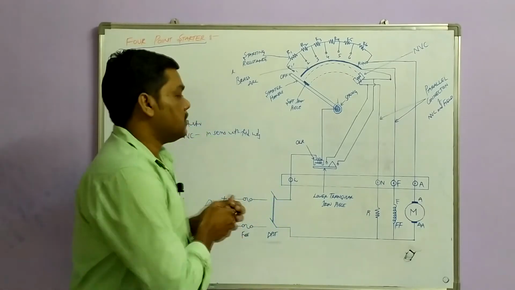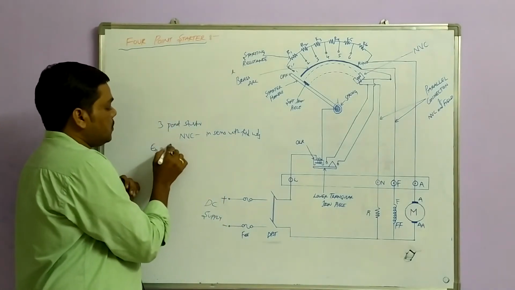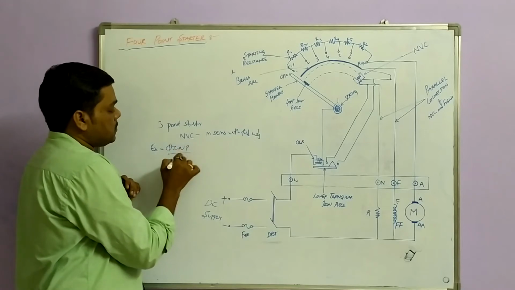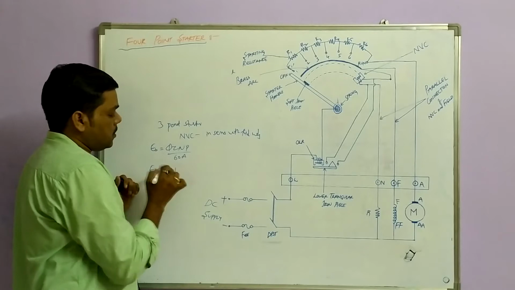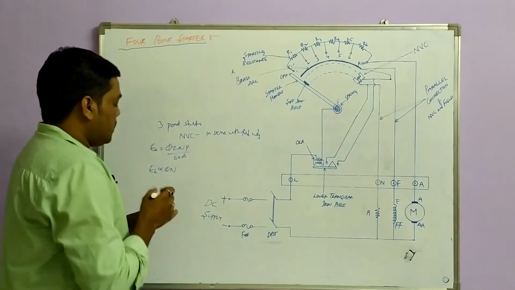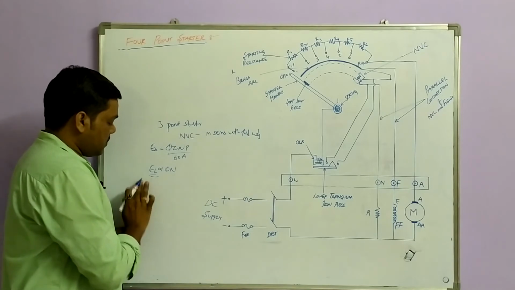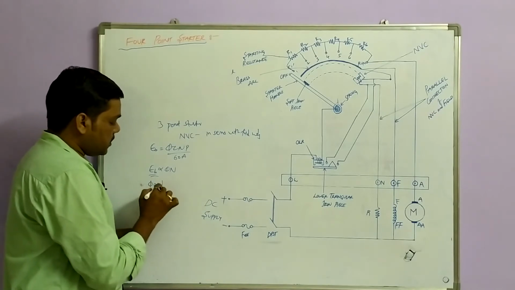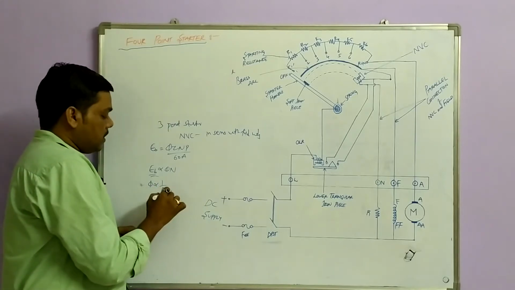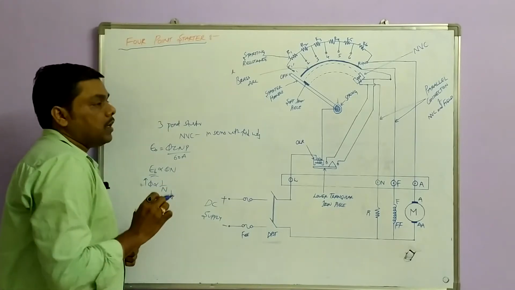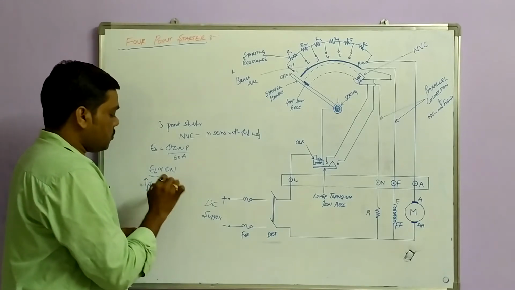We know the formula EB is equal to phi Z N P by 60A. So EB is proportional to phi into N. So if EB is constant, phi is inversely proportional to N. If N decreases, flux is going to increase, whereas if flux decreases, speed is going to increase.